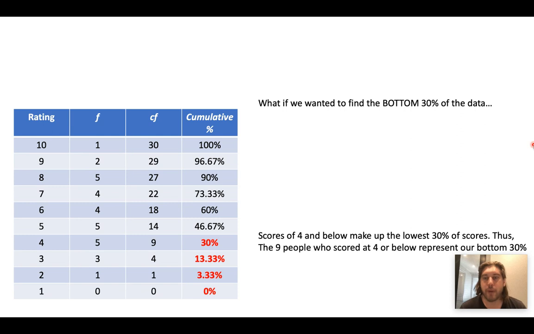If we want to find the bottom 30% of the data, that's a little easier. We just look for 30% in our cumulative percentage table. That's the point where we find the bottom 30%, because if you scored a rating of 4 or below, then there are 30% of the data at or below you. That means you're in the bottom 30%.